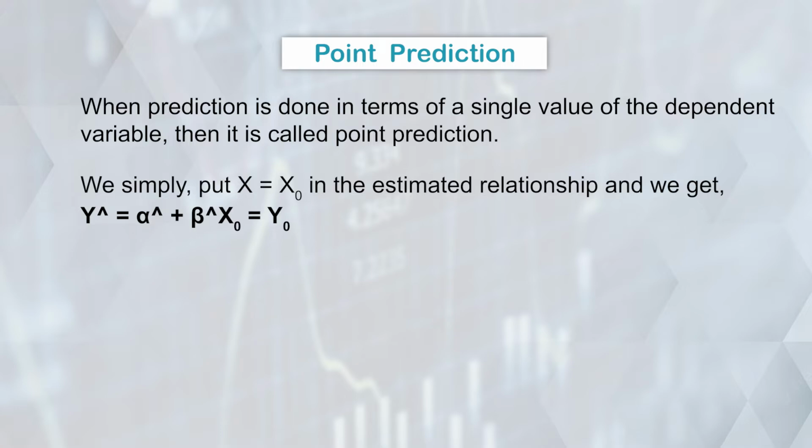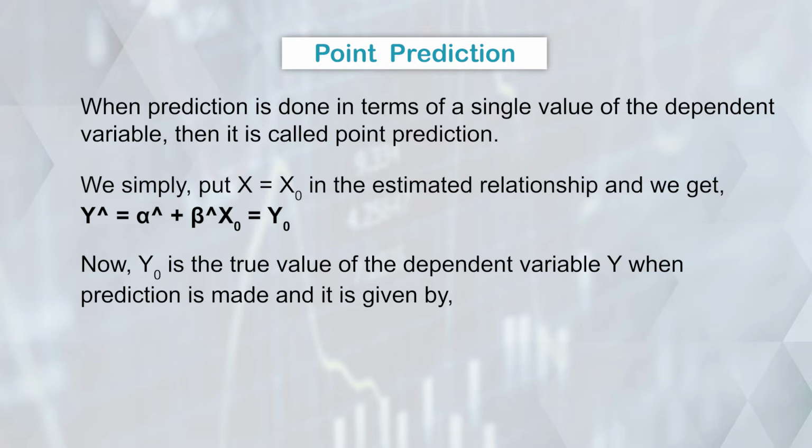In place of x we put x0, because given the value of x0 we want to find the predicted value of y, which is y hat, and this has a name, y0. So y0 is basically a single predicted observation based on the independent value of x when x takes x0. That is done under the point prediction method.